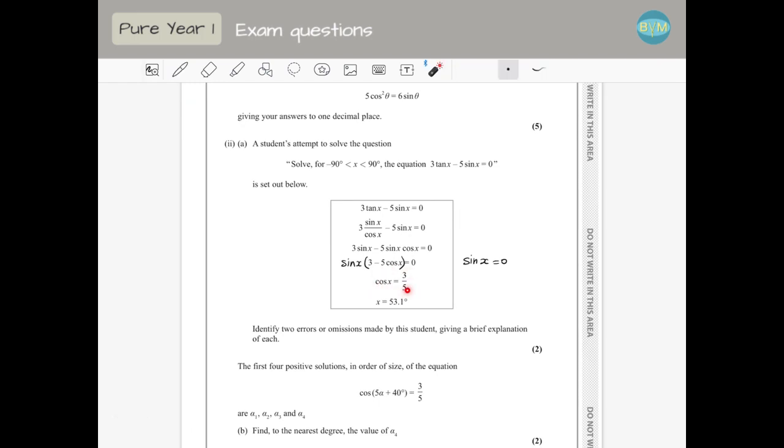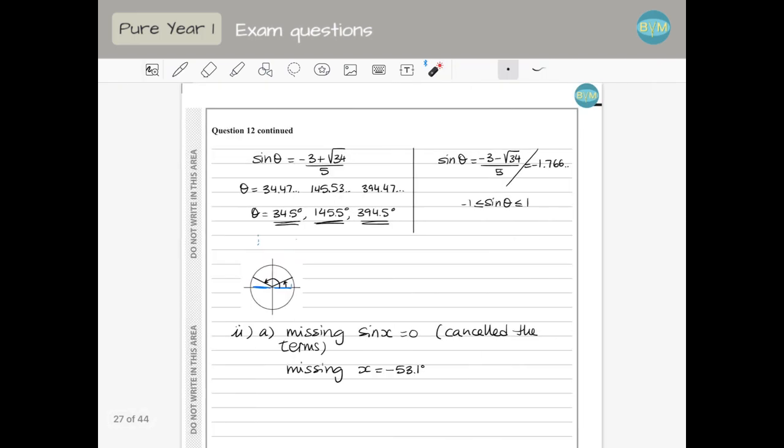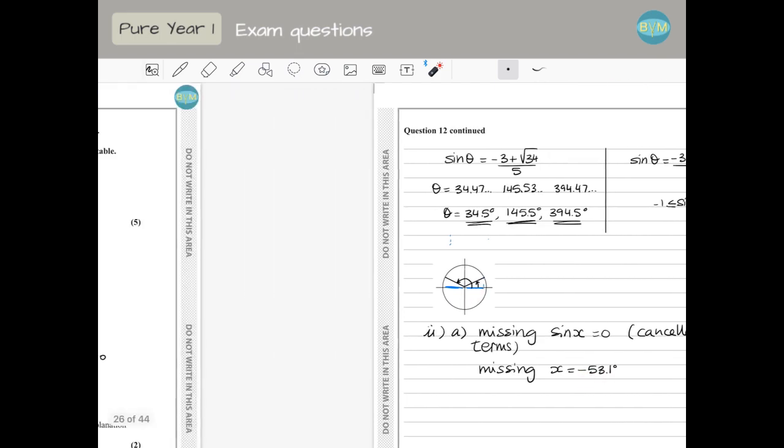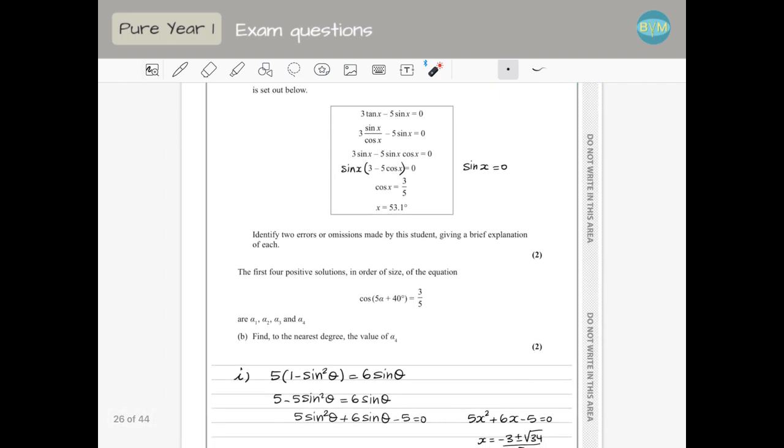Because we are looking for the same cos, if you look at the circle and you have an angle here, the same cos is the angle below, symmetrical in the x-axis. The interval is minus 90 to 90, so we can think about the negative one, minus 53.1.